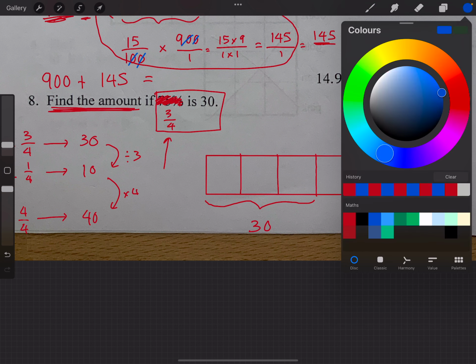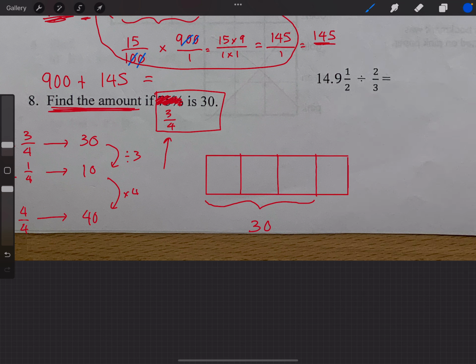So if 3/4 is 30, that means that 3 pieces make up 30. So 30 divided by 3, each piece is going to equal 10. They're all equal to each other, so they're all evenly divided, so it's 10 each.